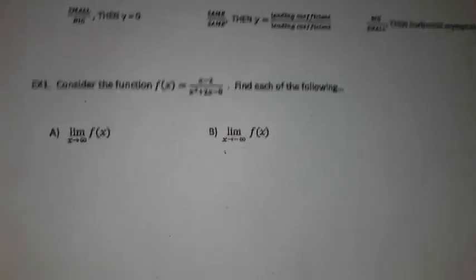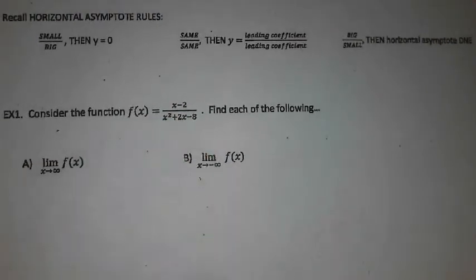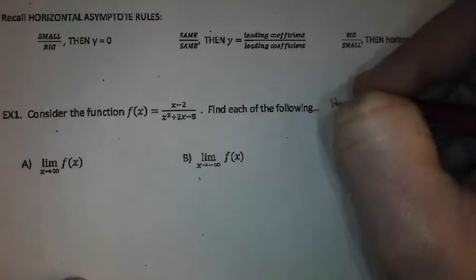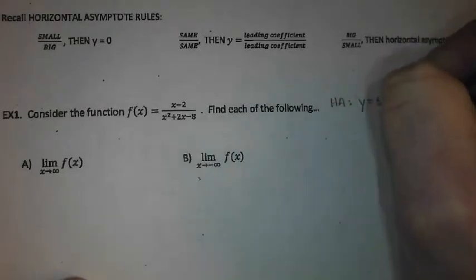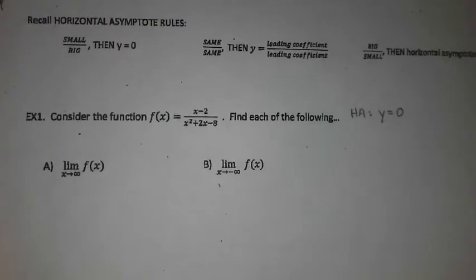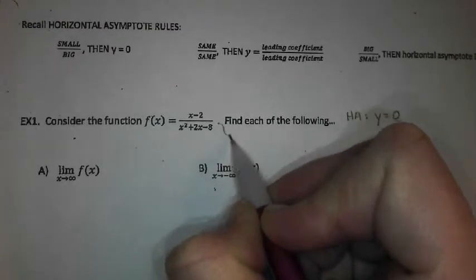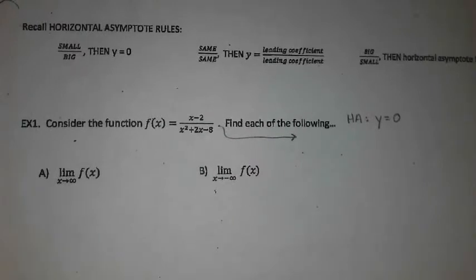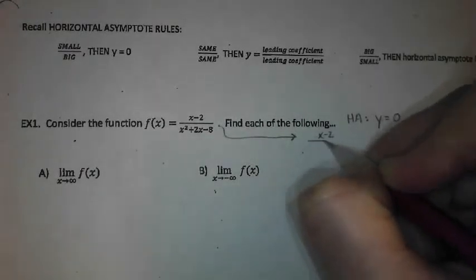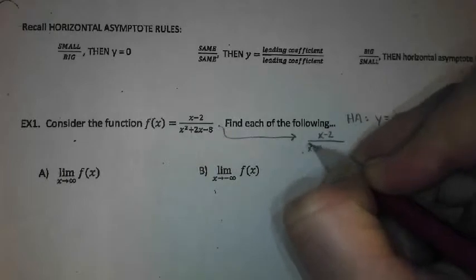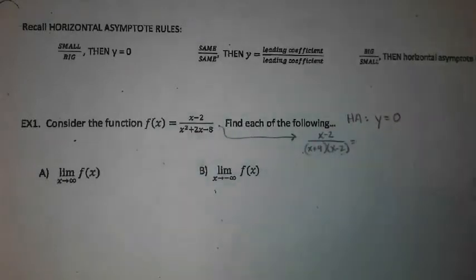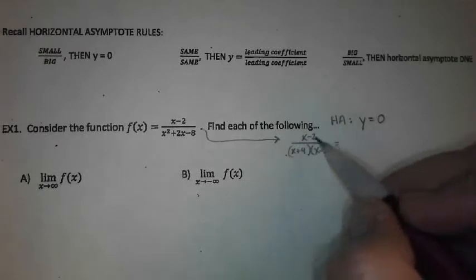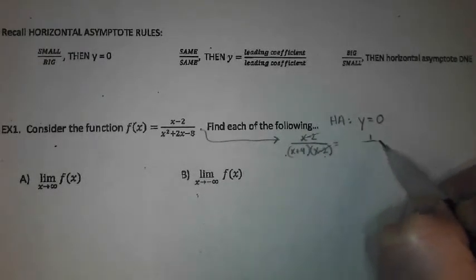So, first function here, if you think about your degree rule, it's a small over big. Yes? So, y equals 0 is definitely a horizontal asymptote. Just for the sake of simplifying it, because we should always do this with rational functions, we should factor and cancel and see if we can simplify this and have a simpler visual of what's going to happen here, which is pretty straightforward.